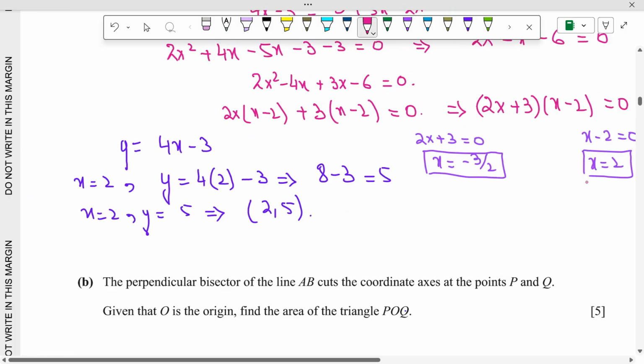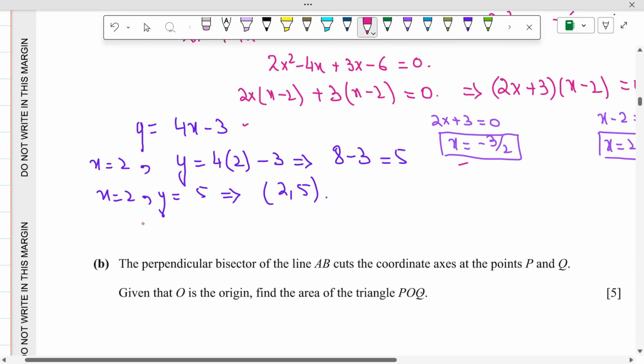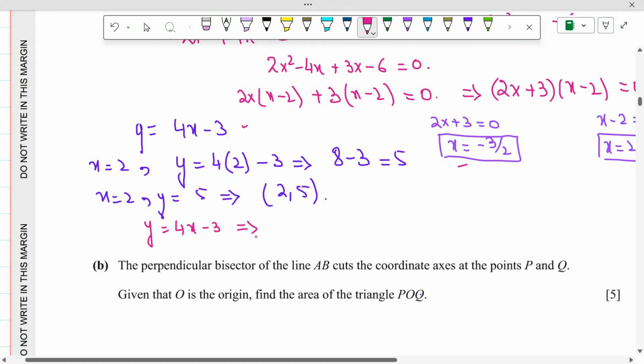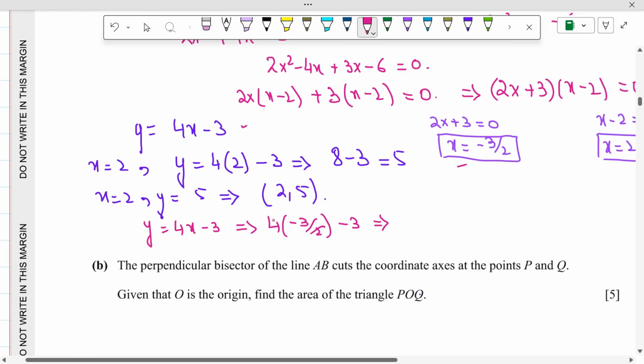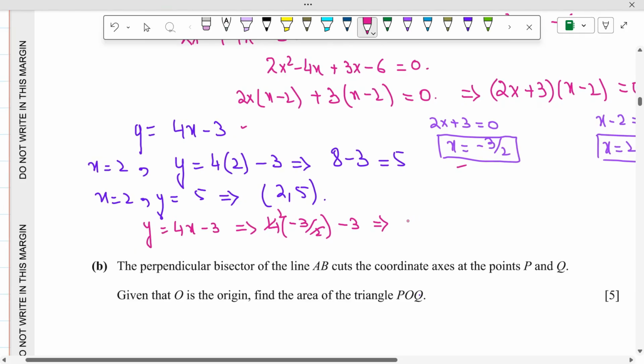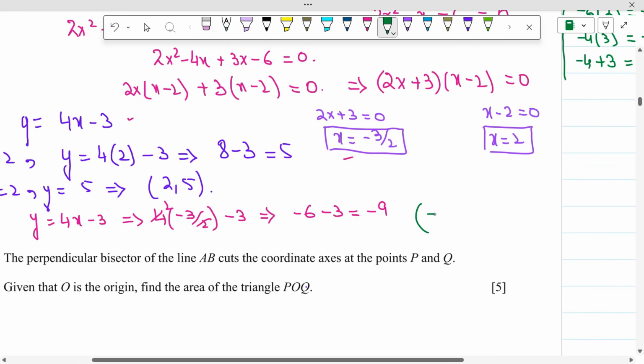Similarly, when we plug x equal to negative 3 over 2 into the equation of the line, y equals 4x minus 3, which is 4 times negative 3 over 2 minus 3. 2 times negative 3 is negative 6, minus 3, which equals negative 9. So when x is negative 3 over 2, the y coordinate is negative 9.